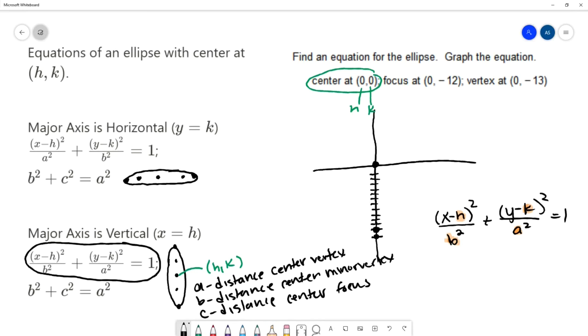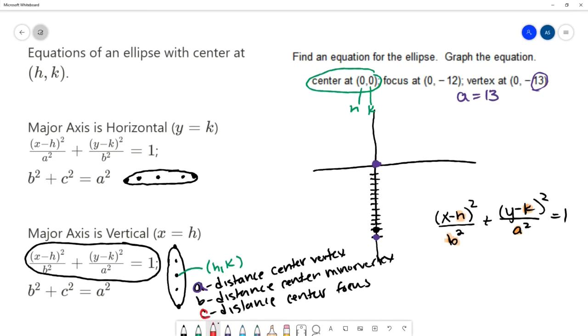So we can see here that our a is from the center to this vertex here, and that is a distance of 13. So I know that a is 13.